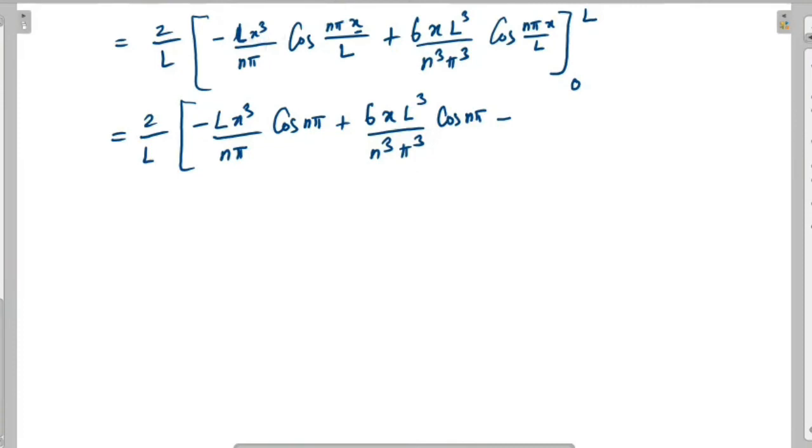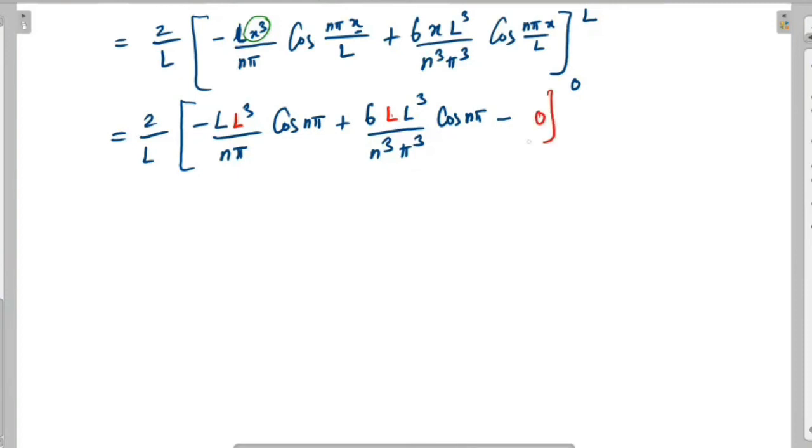So now I prefer to substitute x is equal to 0 in the x power 3, right? So from that you may get, so I forgot to substitute x is equal to L here also. So please try to substitute L here also. So from that you may get L. If you apply the lower limits, you may get both terms going to be 0.